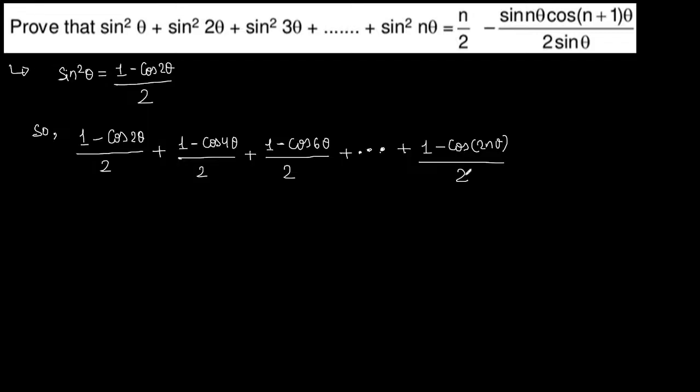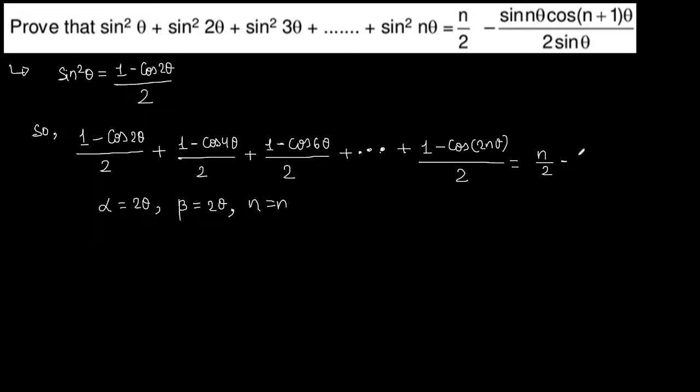We can see that 1 by 2, 1 by 2, 1 by 2 is getting repeated n times. So can we say it is nothing but n by 2 minus. Now here if we see, alpha is 2 theta and beta is 2 theta, because there is a gap of 2 theta between everyone, and n is equal to n.